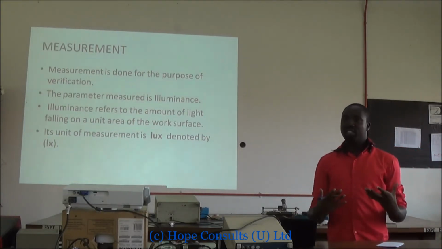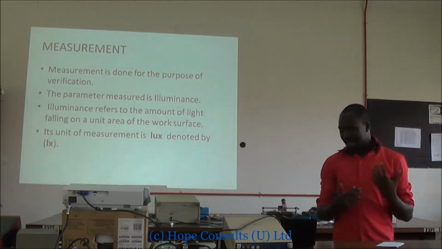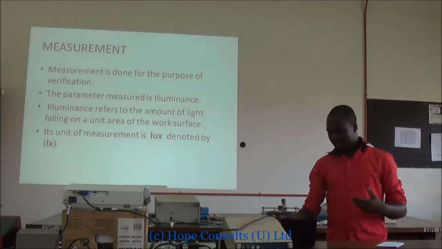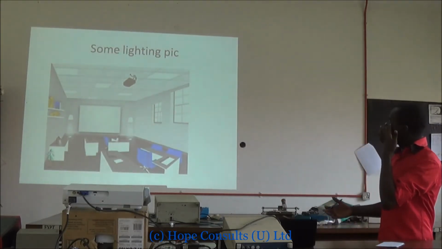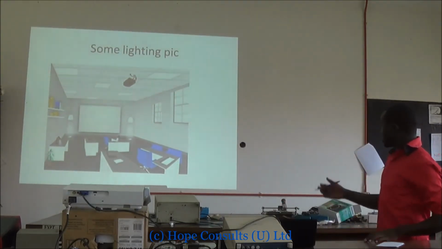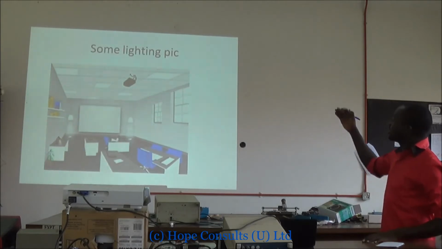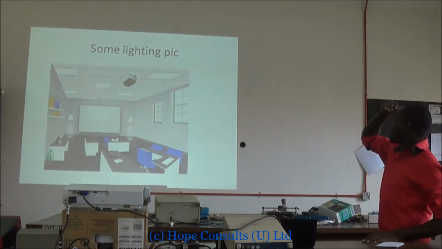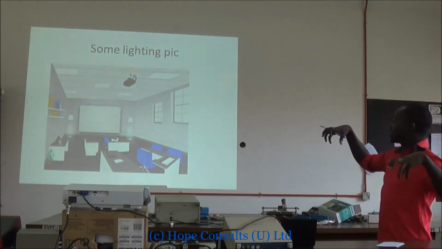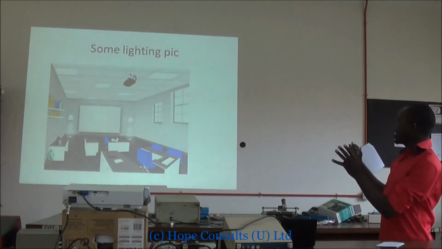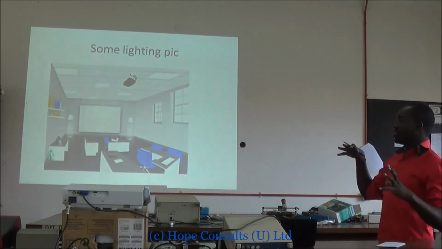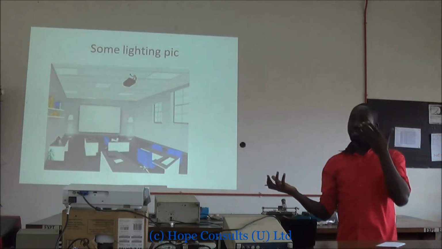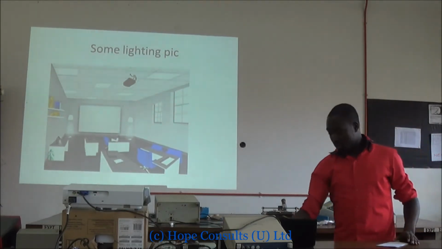It is measured in units called lux, denoted by Lx. Taking a small look at that picture, inside that room we have some sources of light up, and also the windows and some table lamps, giving us an idea of how light may be distributed in different forms inside a room.